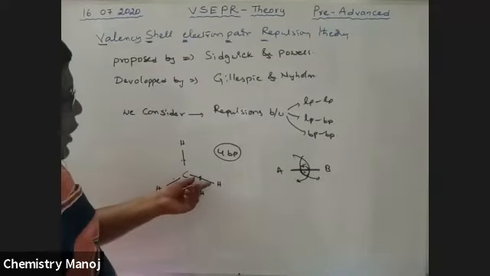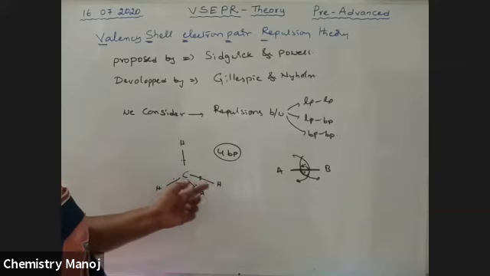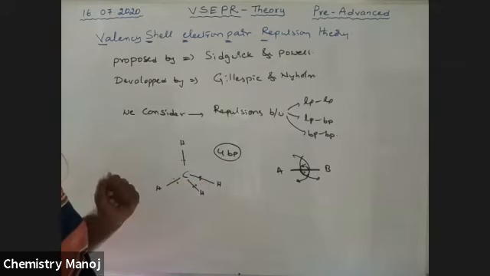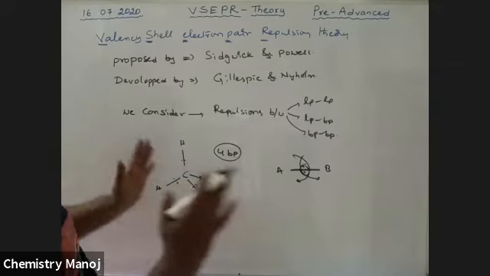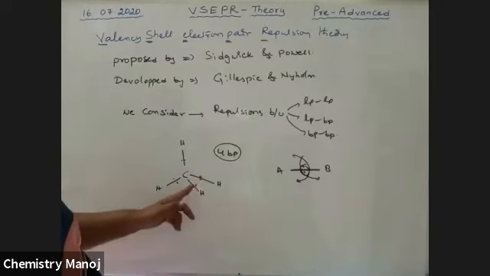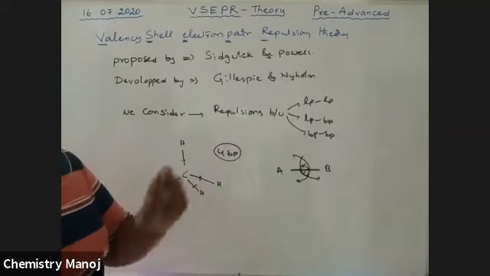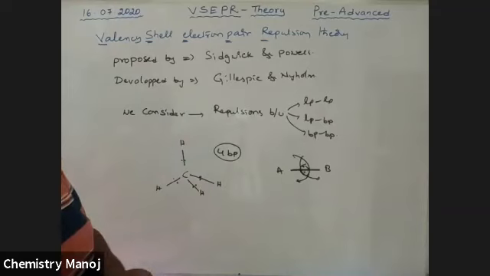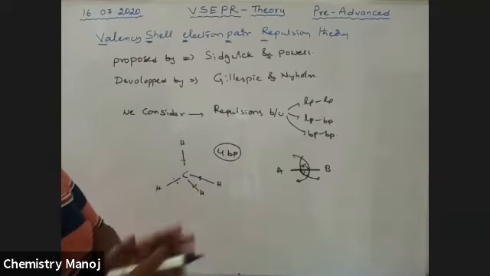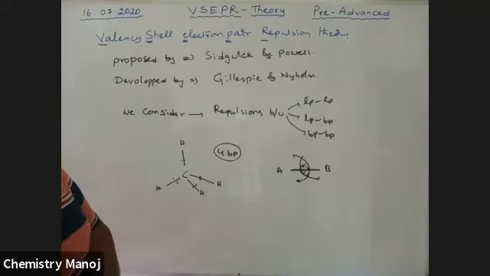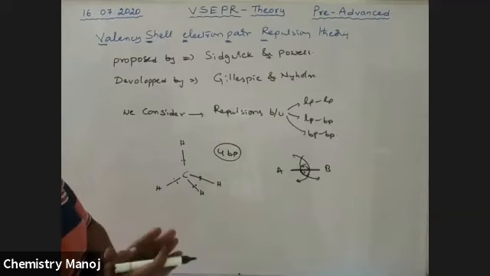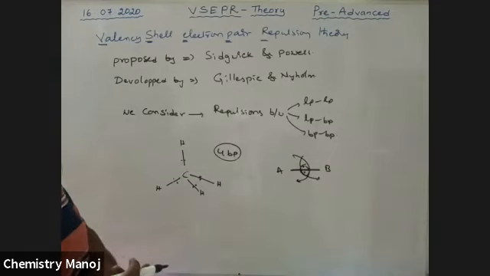That means this bond pair is somewhat far away from the central atom, at the utmost distance. So between bond pairs there is a repulsion. Those bond pair repulsions are away from the central atom, because they are also attracted by other bonded atoms. That's why they are at more distance from the central atom, and therefore fewer repulsions exist.